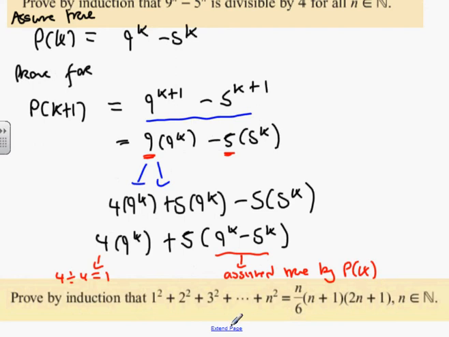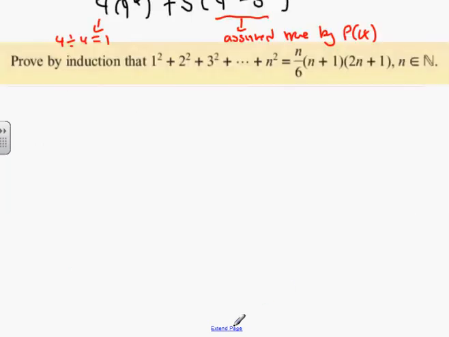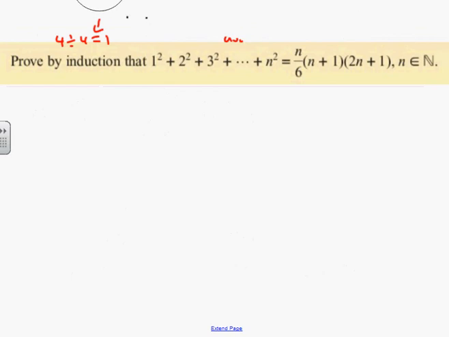Okay, this next one caused a bit more hassle than it should have. Let me explain why. It's a series question, which means that this series here, the sum of all the n squareds, will give you this here. Okay, so let's prove P1.